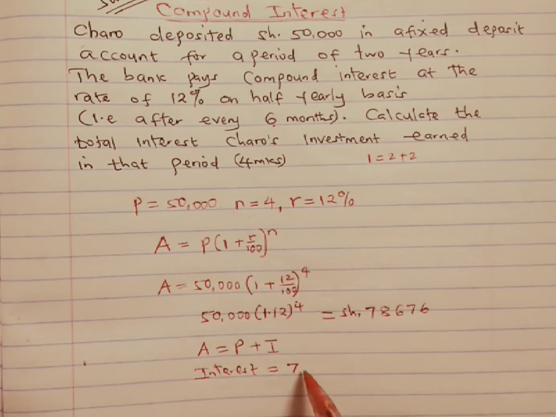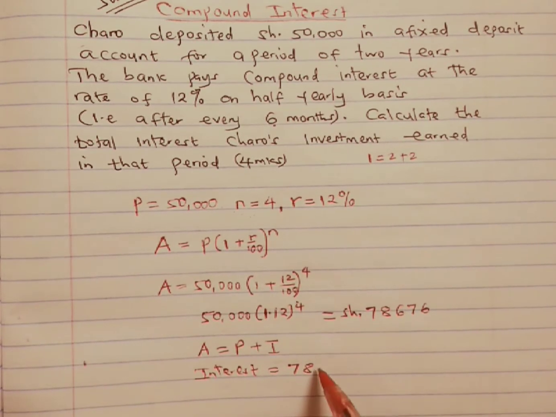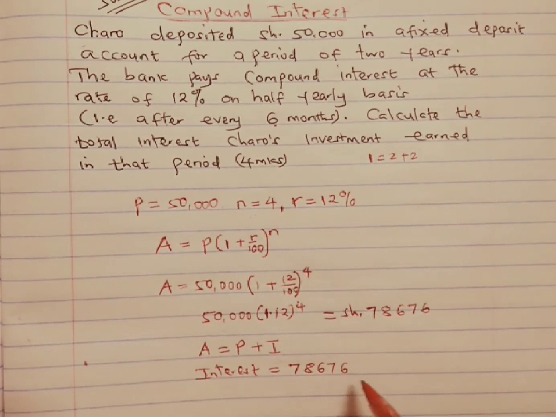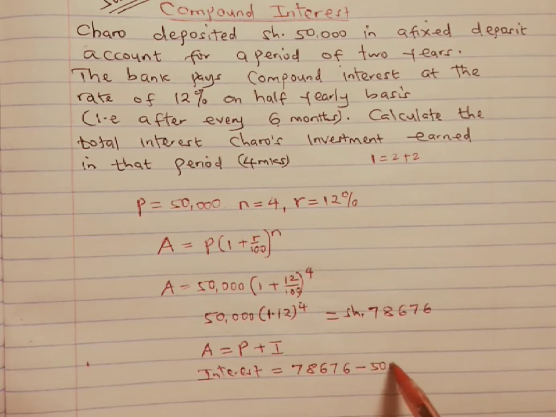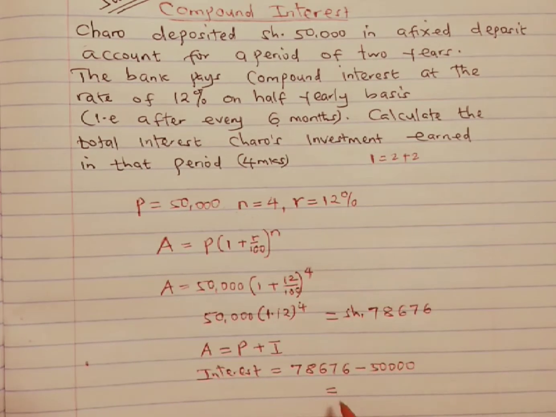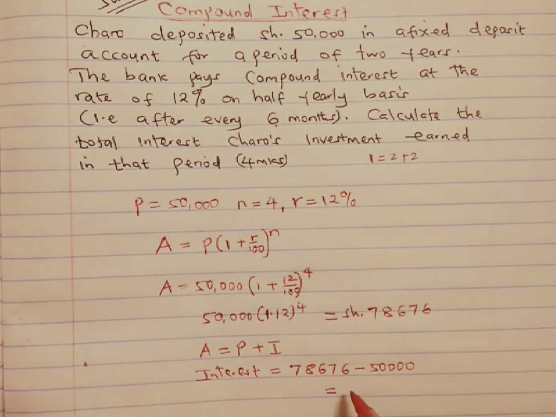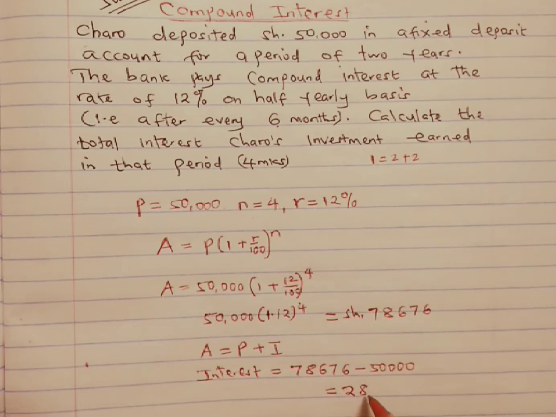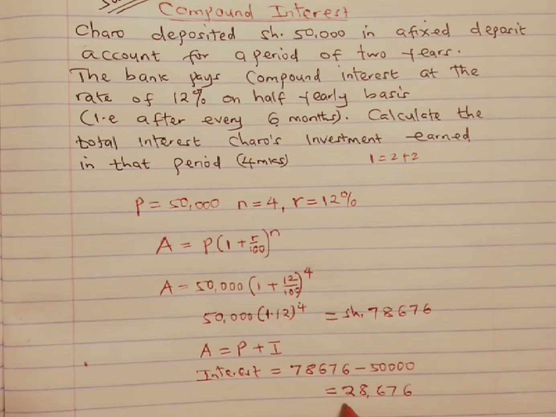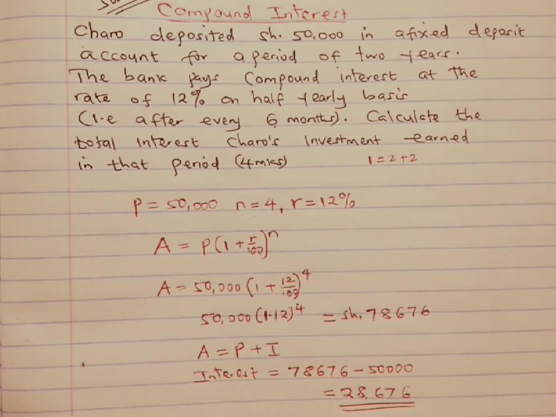The amount we have is 78,676 minus the amount we invested of 50,000, and this one is going to be equal to 28,676 Kenya shillings, and that becomes the answer to this particular question.